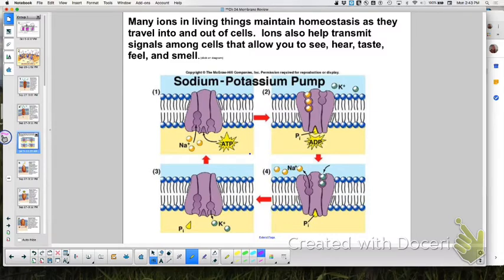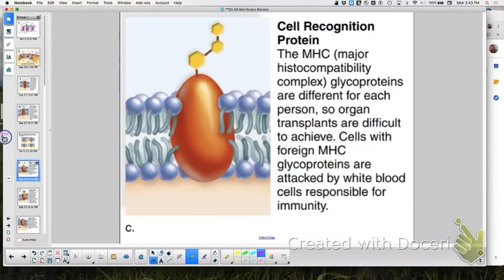All right. Okay, so we said channel, carrier. Then we said cell recognition. So these are going to be primarily glycoproteins. And this is how you tell one cell from another cell, both within the tissues of your own body, but also with something that's not from your body.